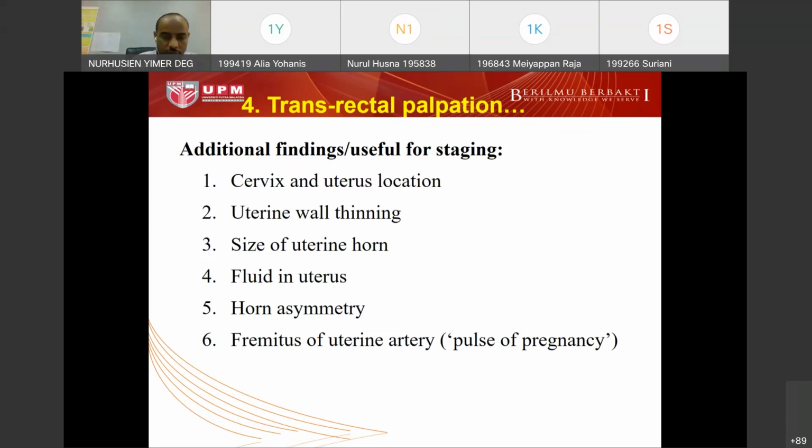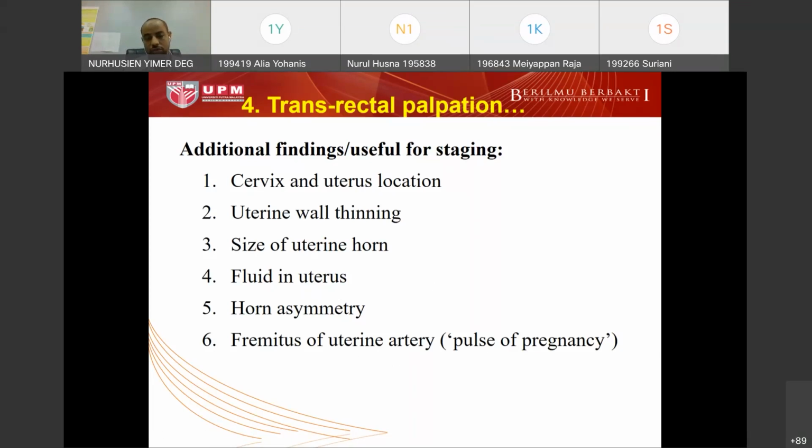So during pregnancy palpation through the rectum, you will be able to appreciate also the difference in the size between the two parts of the uterine horns. Another thing is fremitus of uterine artery, but you need to be very careful because especially during the hottest day, when the cardiovascular system is very active, you will feel so many other arteries in the region pulsating.